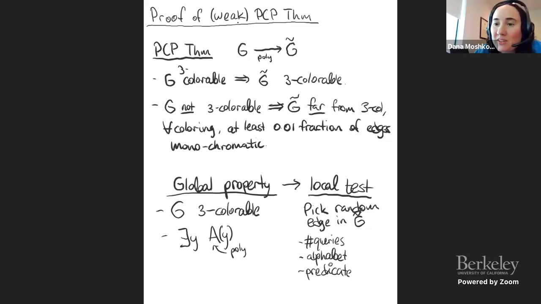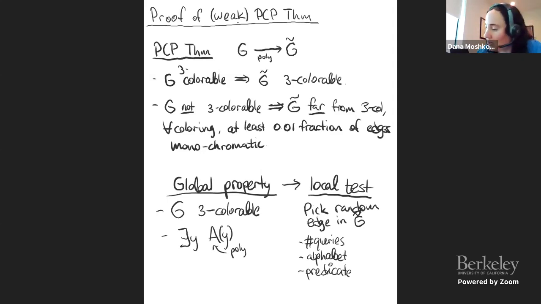Or I'm not sure what it means, far from prime, but whatever you want to map it to. If you can decide this in polynomial time, and you have those two constant fixed instances, one that is colorable.